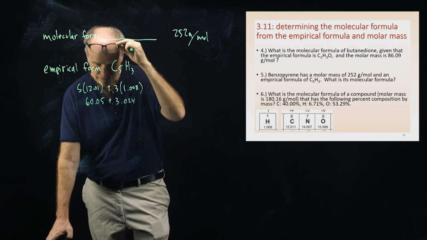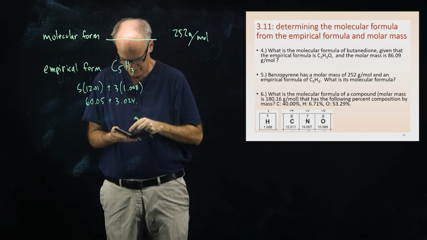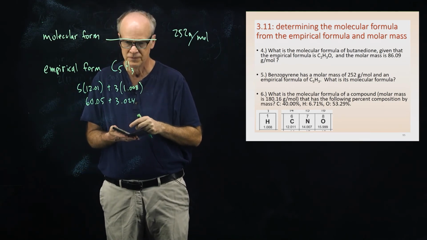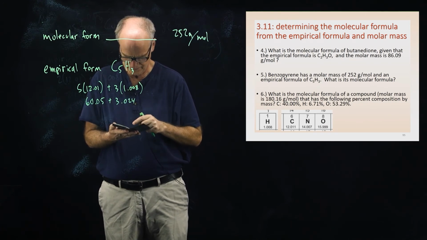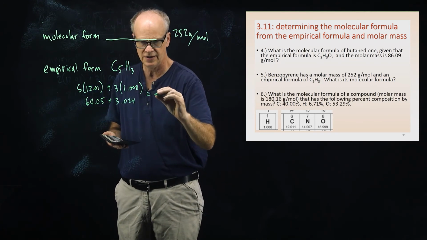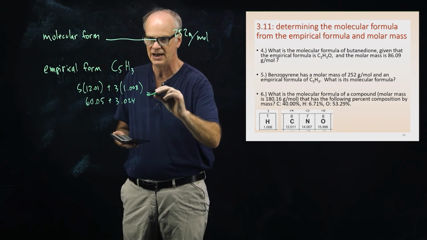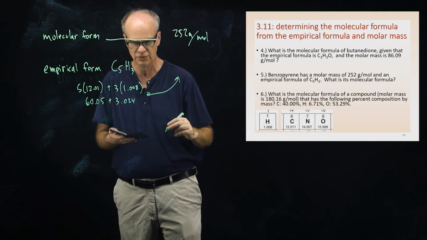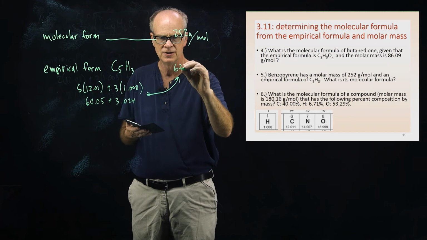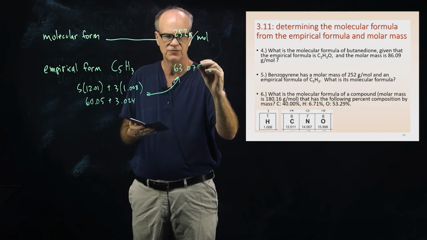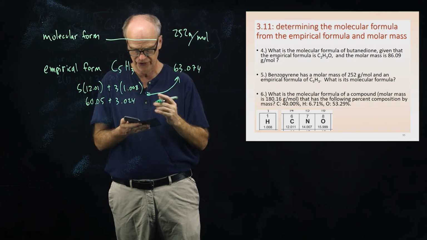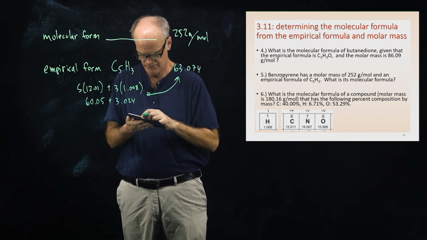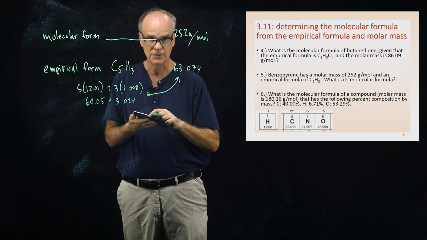All right, so far so good. Okay, so I get a molar mass for this empirical formula to be 63.074. Now, how many times is the molar mass of the molecular formula? Let me try that again.